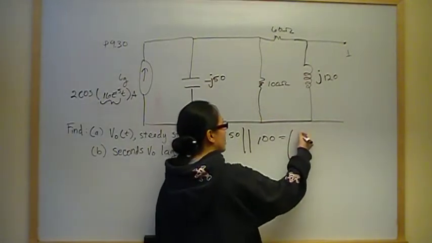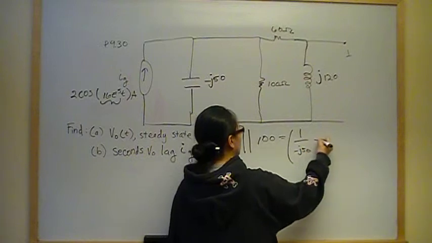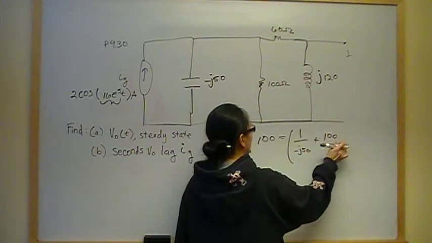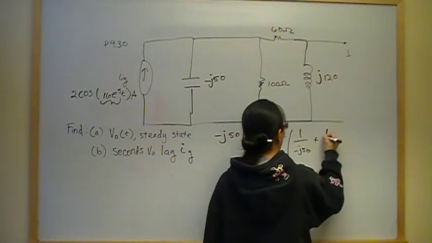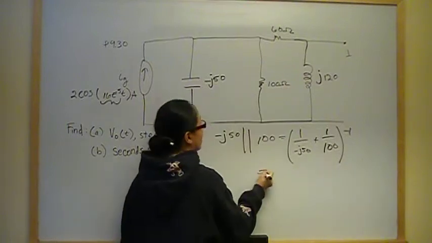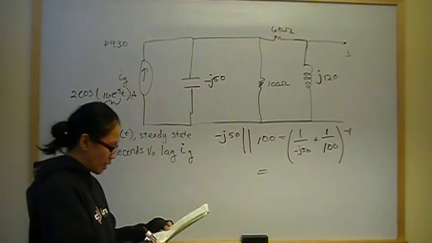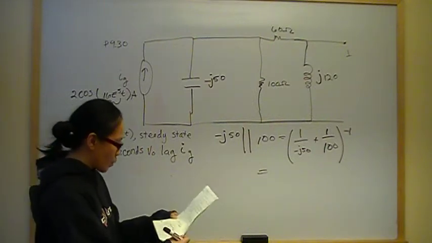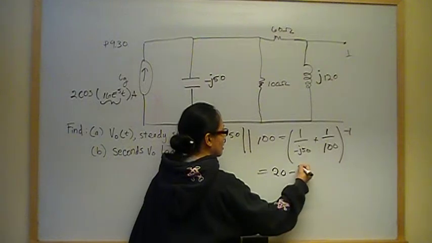So you can take the sum of 1 over negative J50 plus 1 over 100, take the inverse of that, and that will give you the equivalent impedance, and that should be 20 minus J40 is what I got. So that's 20 minus J40.